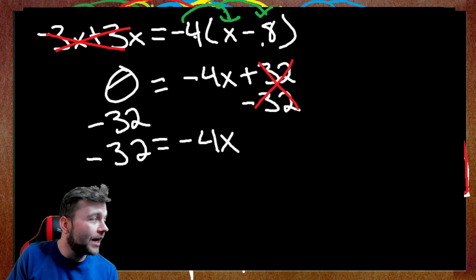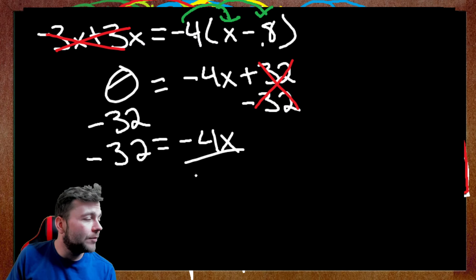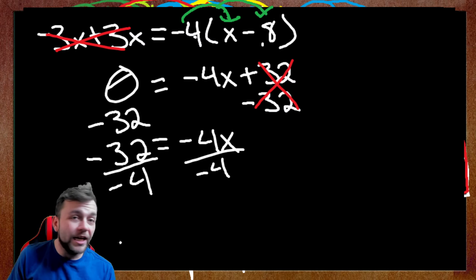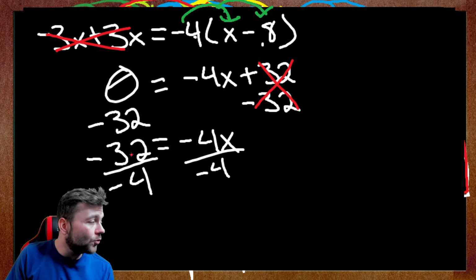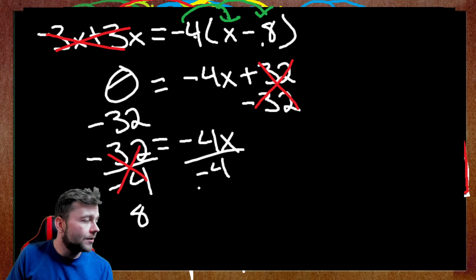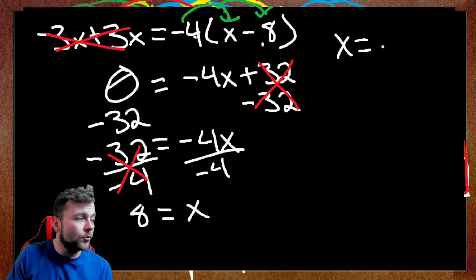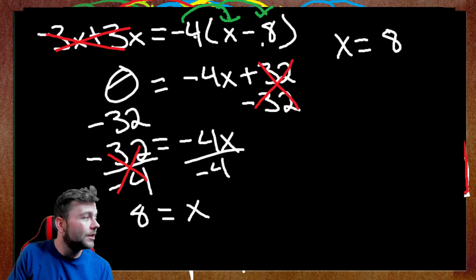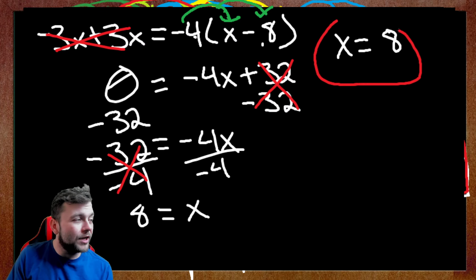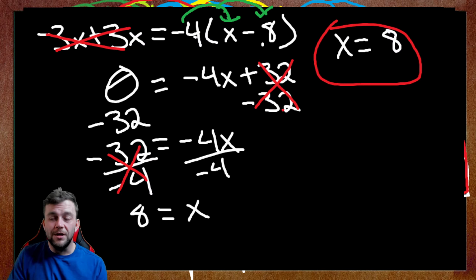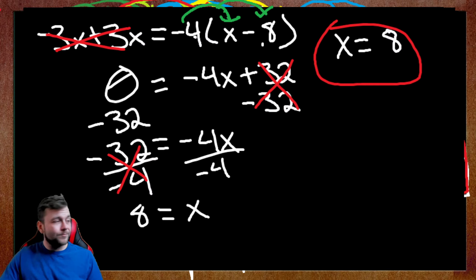The inverse of that is to divide by a negative 4, to both sides. So a negative 32 divided by a negative 4 reduces down to a positive 8. And that equals x. So x equals a positive 8. Let's go ahead and circle our answer, and we are good. We're done with this problem.